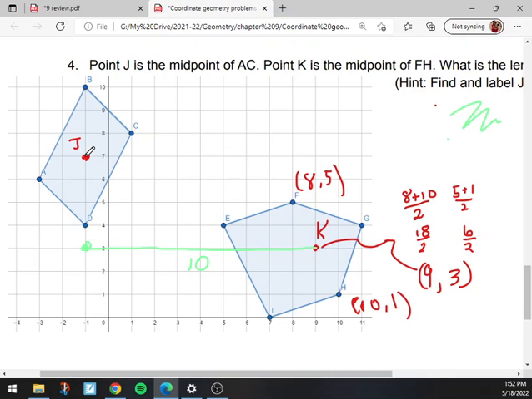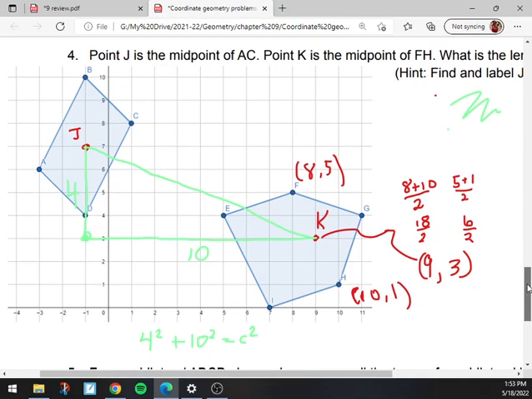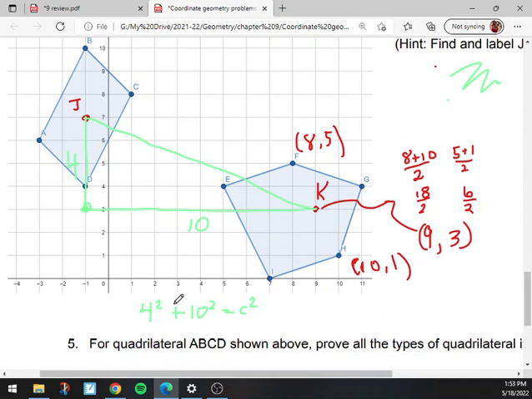And then I can go along this side here and see it's 1, 2, 3, 4 spaces. And that diagonal there is the distance. So I could say 4 squared plus 10 squared is equal to c squared. We don't know what that side is, but that would be the distance.